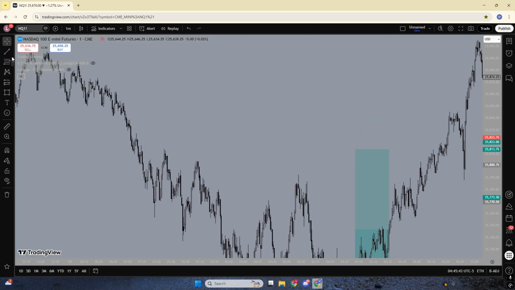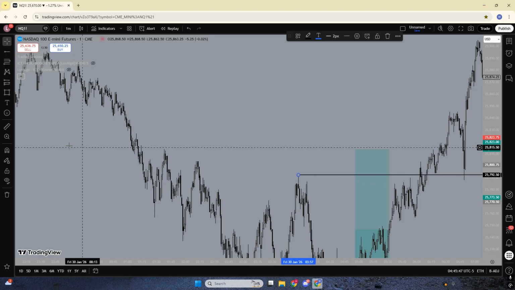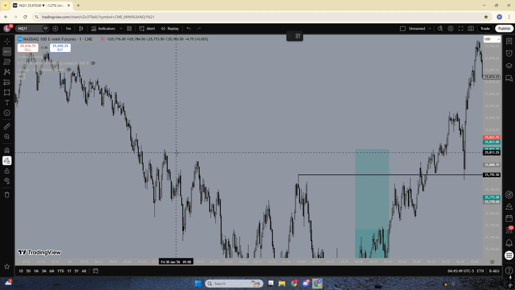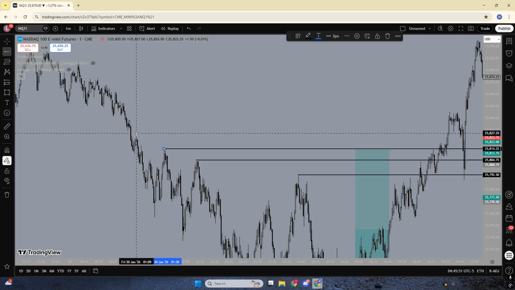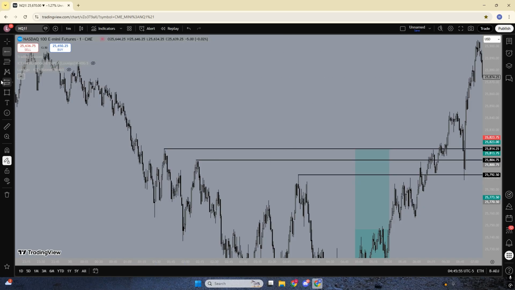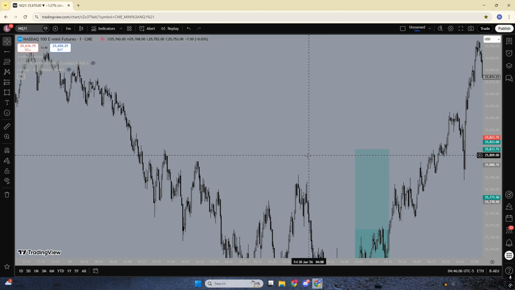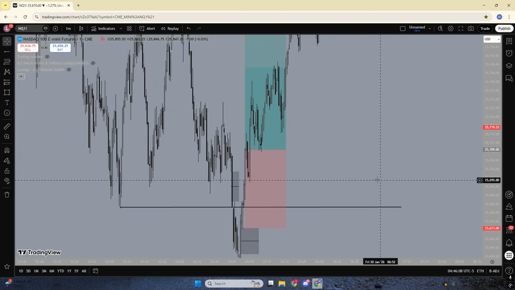There's so much liquidity here. Price is also drawn to it because all the big banks and stuff, they wanna get filled and take your money, right?